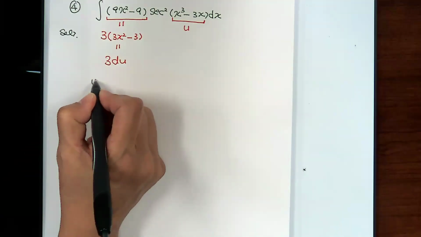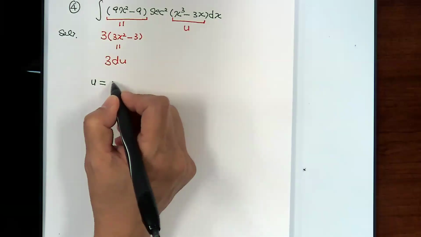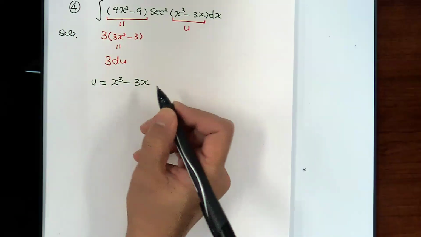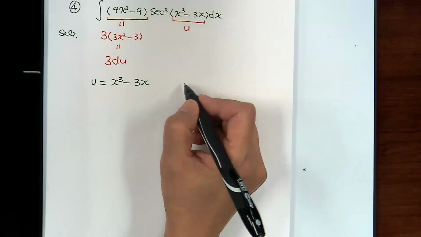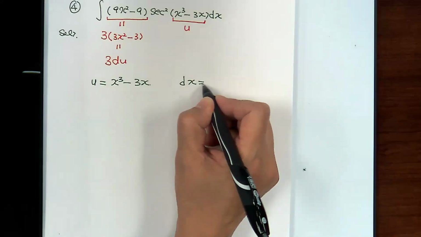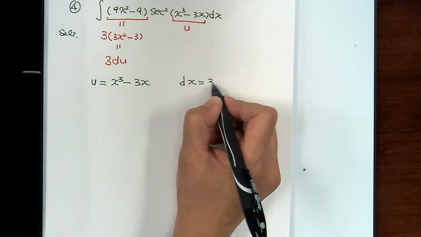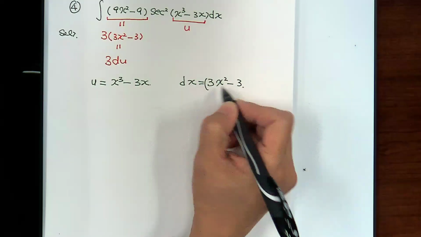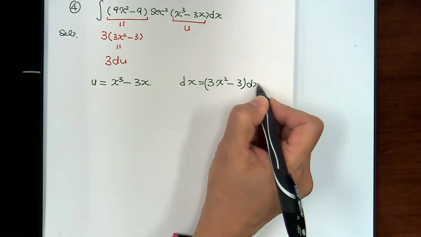Let me write that down. We put u equals x cubed minus 3x, and du equals (3x squared minus 3) dx.